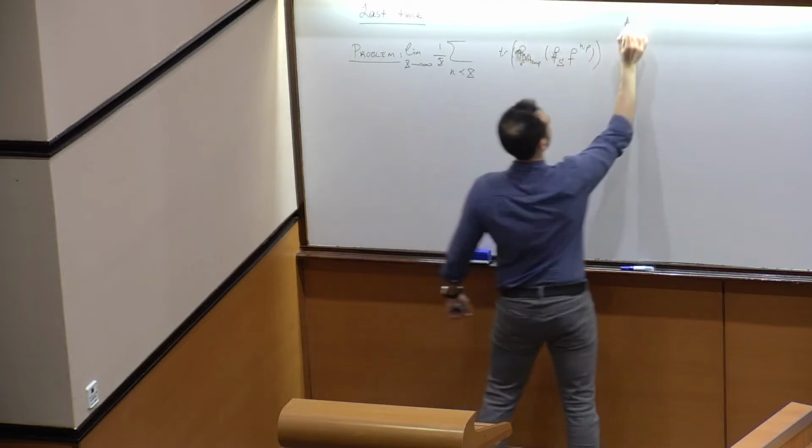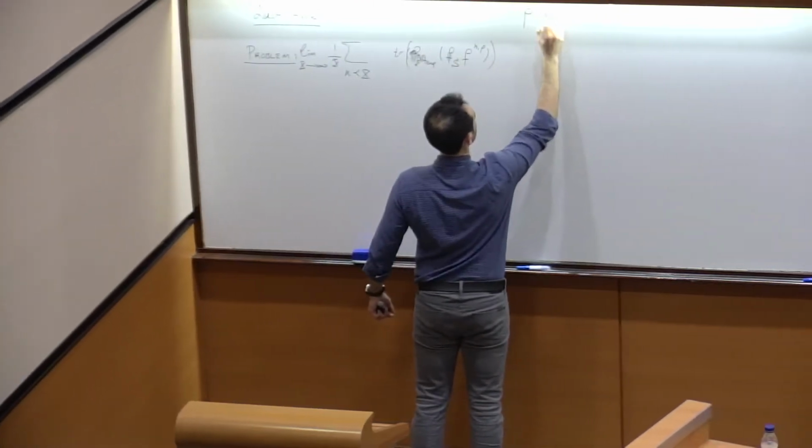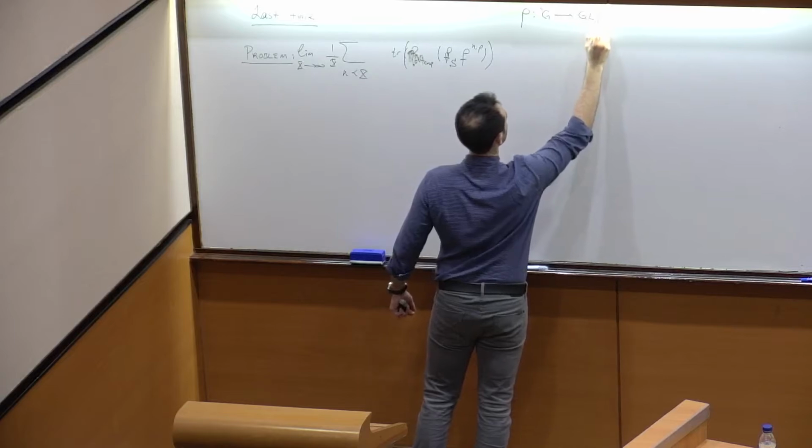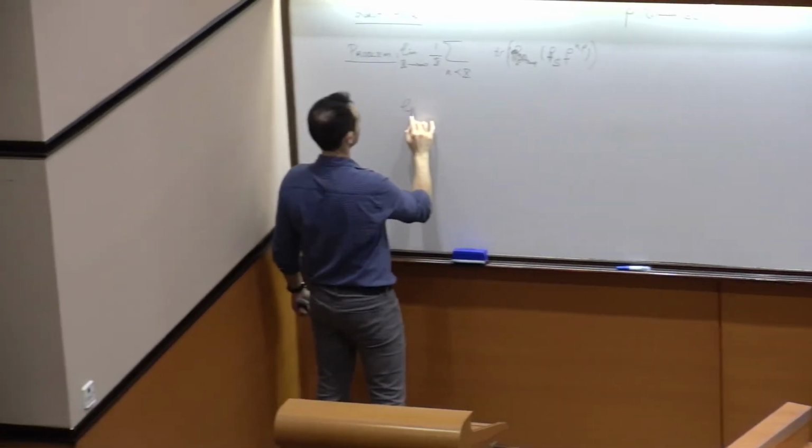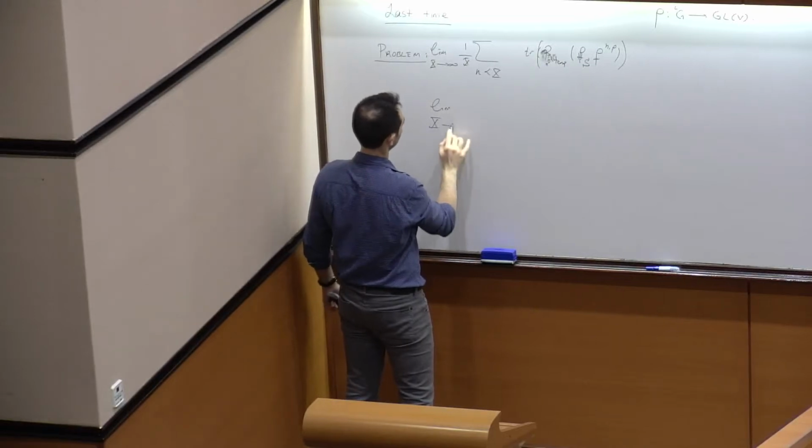So again, we're fixing a dual group representation rho and a group G. So either this or the corresponding sum over primes.